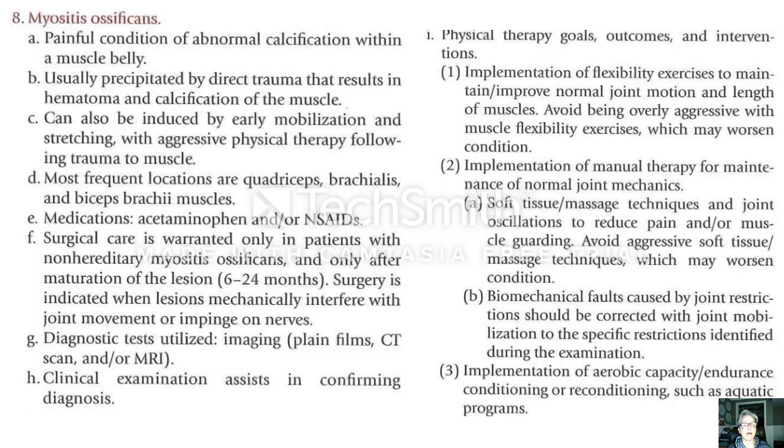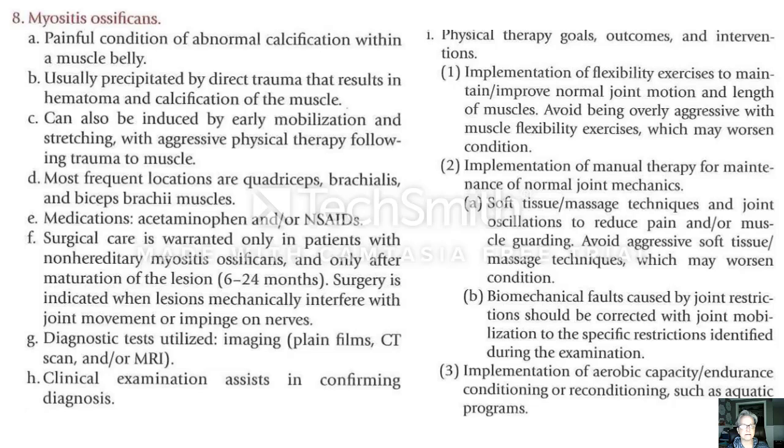Painful condition of abnormal calcification within a muscle belly. Usually precipitated by direct trauma that results in hematoma and calcification of the muscle.